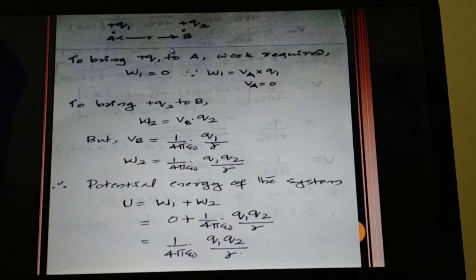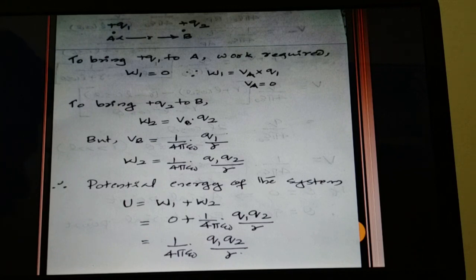Without any charge, there is no potential at point A initially. So VA is initially equal to 0. Therefore, VA multiplied by Q1 becomes 0, and W1 becomes 0. Which means, to bring the first charge plus Q1 to the point A, no work is required, since plus Q1 is placed at the point A, which is a non-potential point.